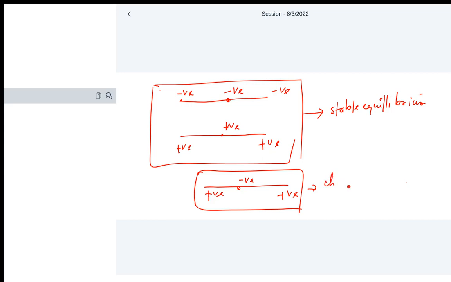Now, using these two concepts, stable and unstable equilibrium, we will find the frequency of oscillations.